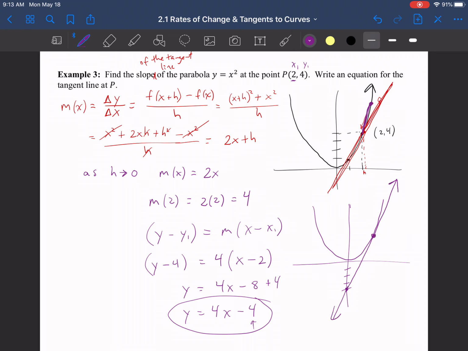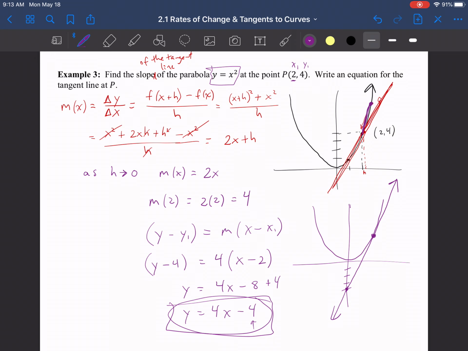And hit right there. So if you have a graphing calculator, try plugging both those in. Put in your graphing calculator y equals x squared, and put in 4x minus 4, and you'll see that it will hit right at the point (2, 4), and it will go up and hit it in just that one spot and be tangent to it. So give it a try if you want, or just graph it out really nicely, and you'll find it.